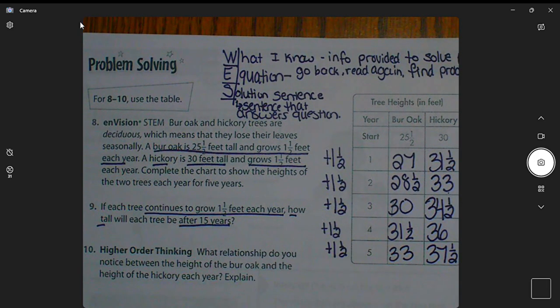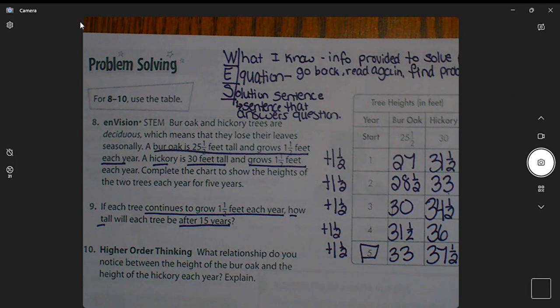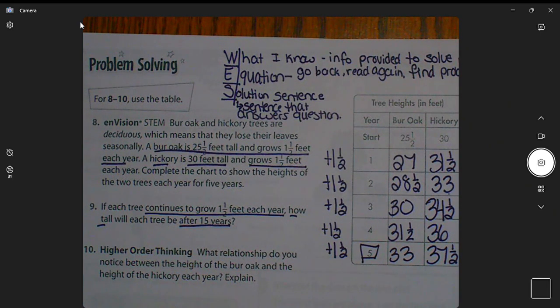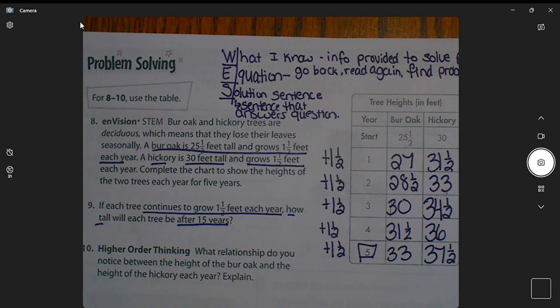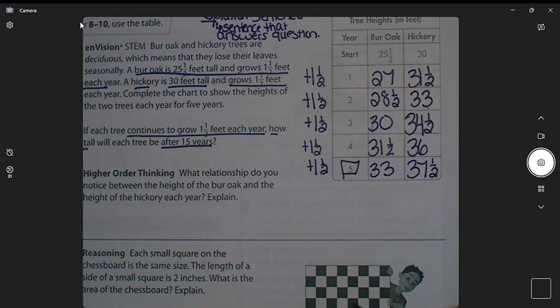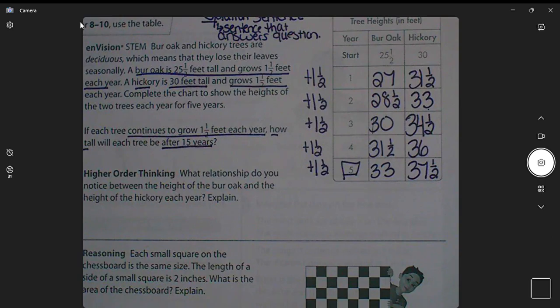Well, I know how tall it is after 5 years. So 5 to 15 is 10 years. I can extend my chart out 10 rows, or I can find a problem. We're going to look at both ways.